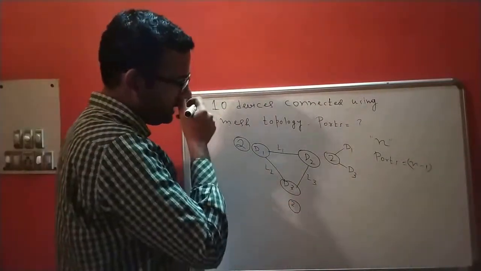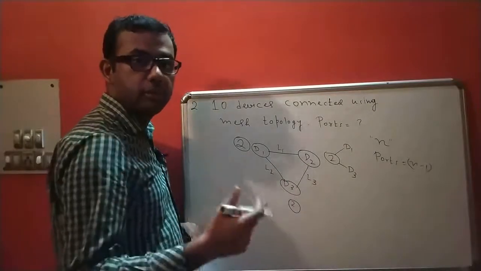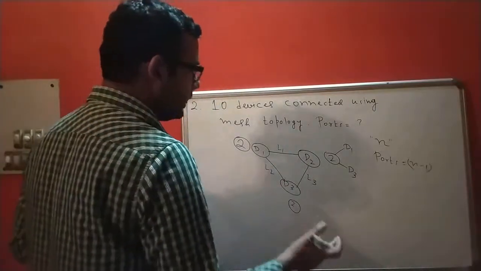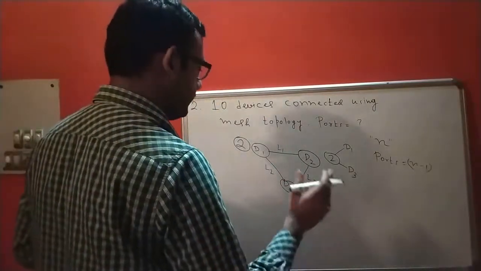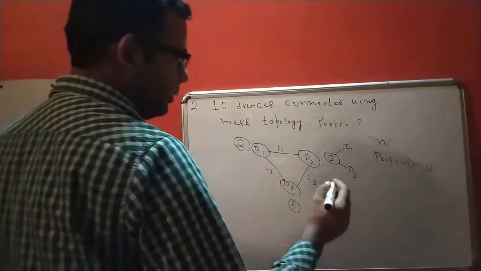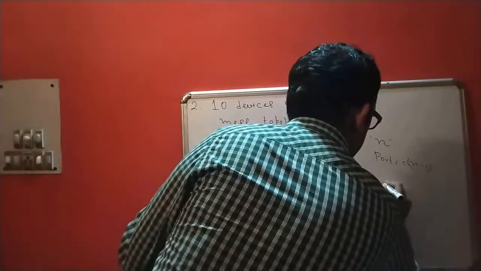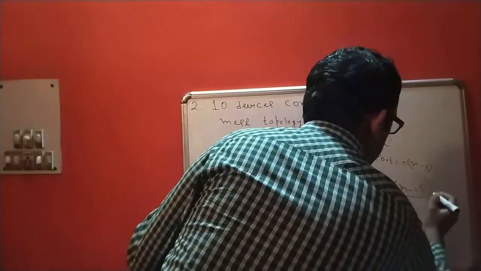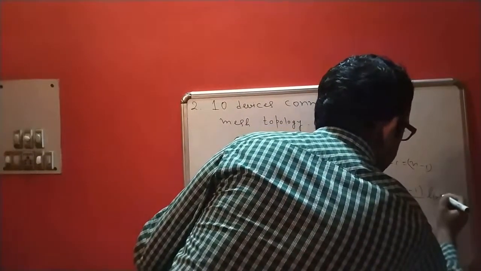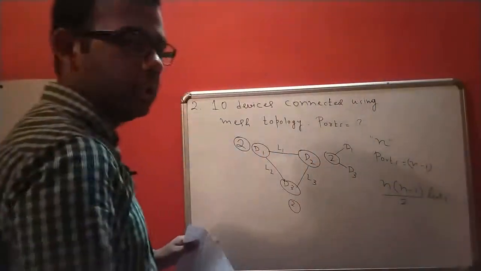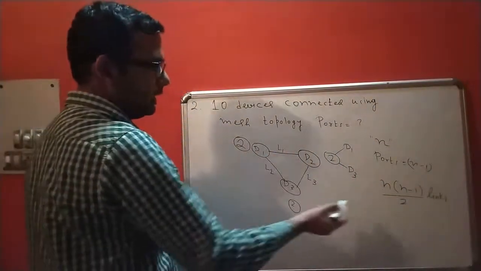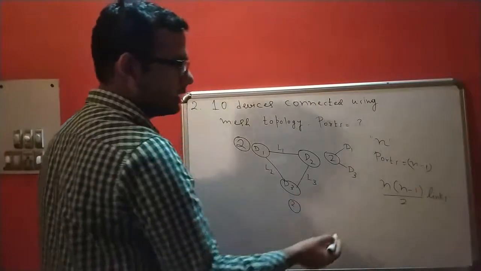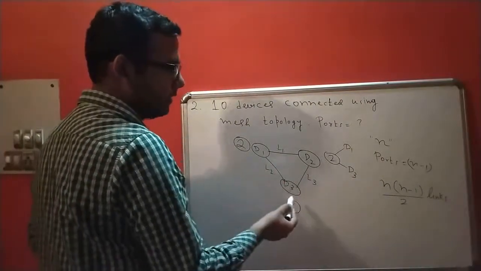Extending this question a bit, had we been asked to find the number of links, what would we have done? In mesh topology, if you are asked to find the total number of links, the formula is n into n minus 1 divided by 2. These many links are present in a mesh topology. N denotes the number of devices in the network. How many devices do we have here? 3.